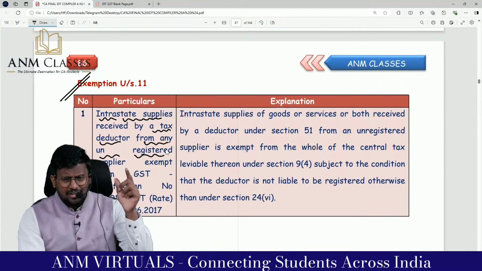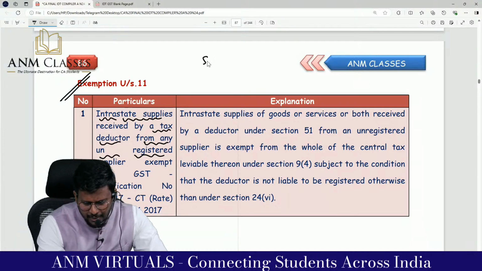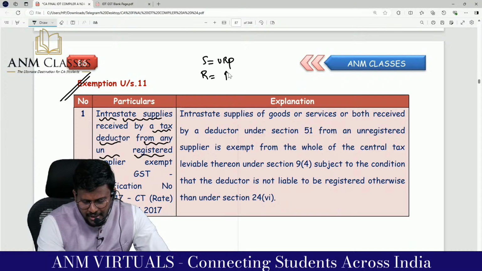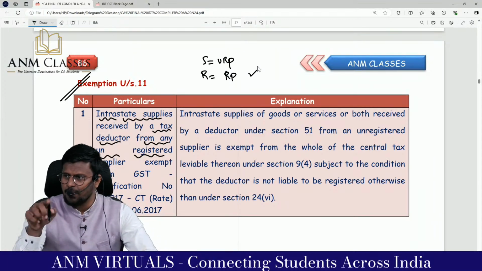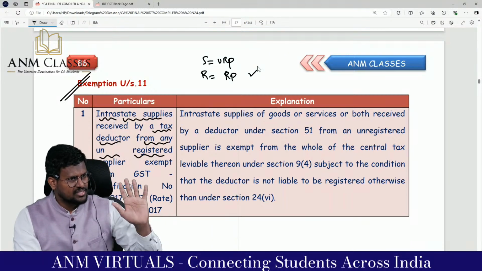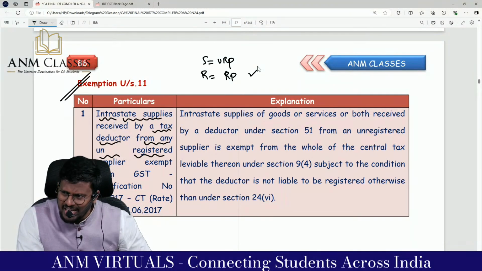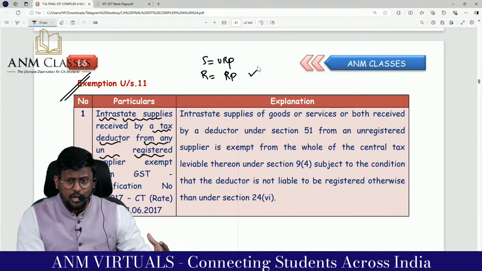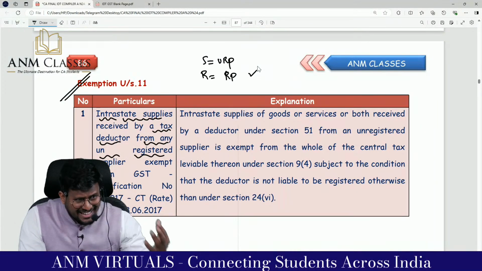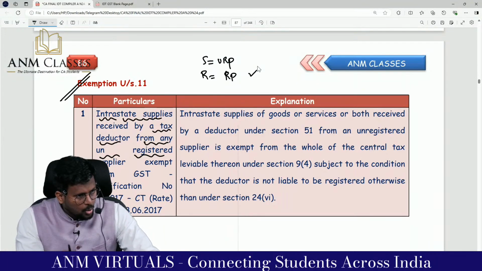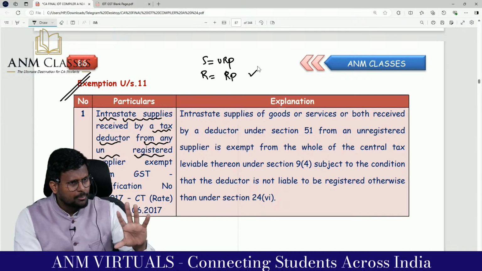That means 9(4) is saying that if the supplier is unregistered and the recipient is a registered person liable to pay GST on reverse charge basis under 9(4) or 5(4), that is the rule. But I have taken registration only for the purpose of deducting TDS under section 51. Then 9(4) will not be applicable.